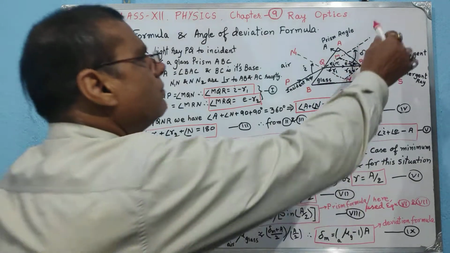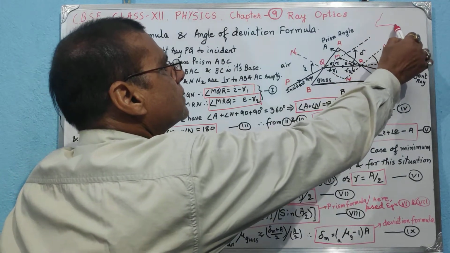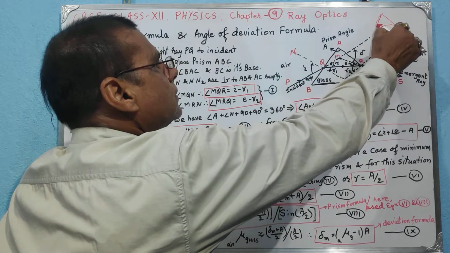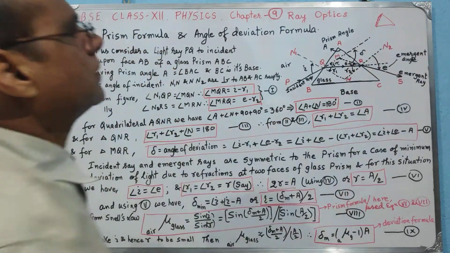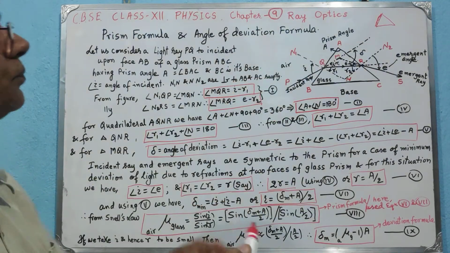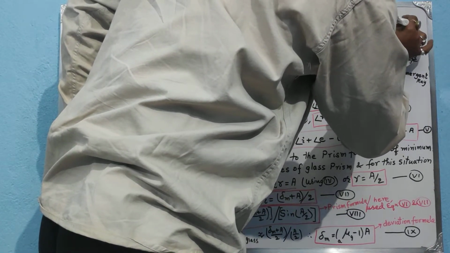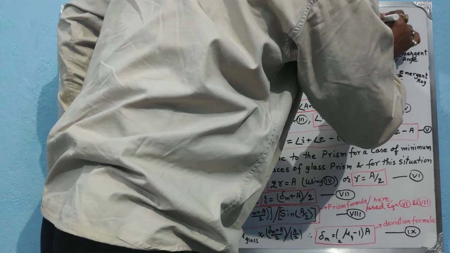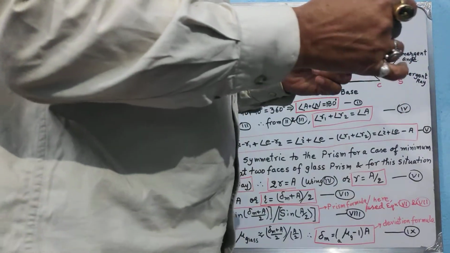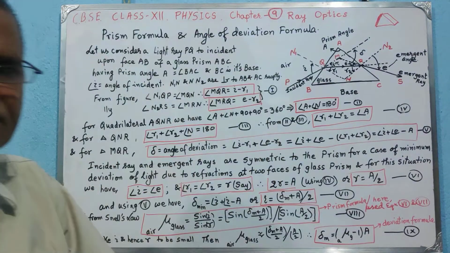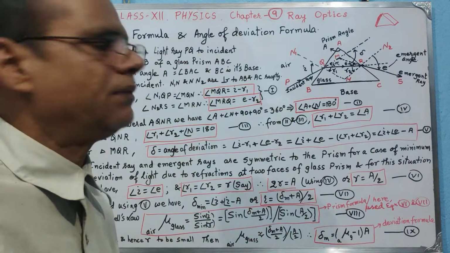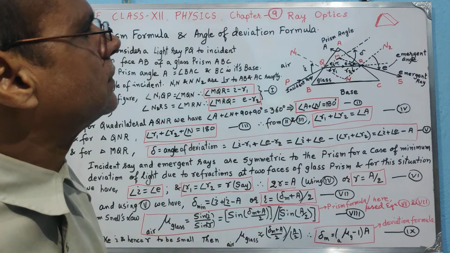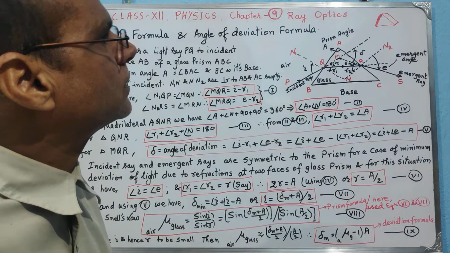You see, we have a tent-like structure completely filled with glass. Say, for example, we have a tent-like structure completely filled by glass, that will be more or less the shape of a prism.